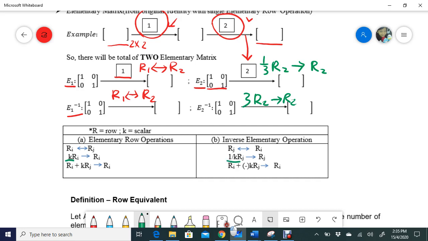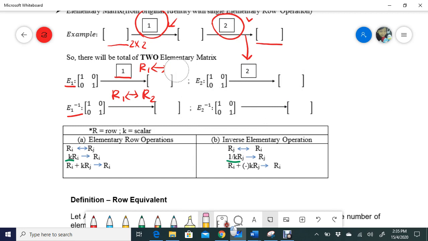If your k is, let's say, negative 2, R1 goes to R1, your inverse elementary row operation will be negative 1 over 2 R1 goes to R1. It depends on what you have for your elementary row operation. Is that okay?